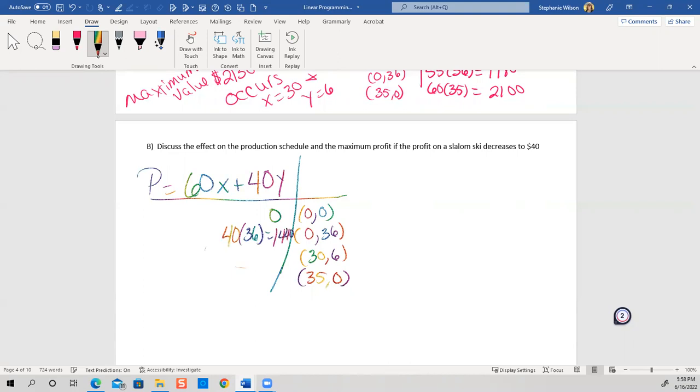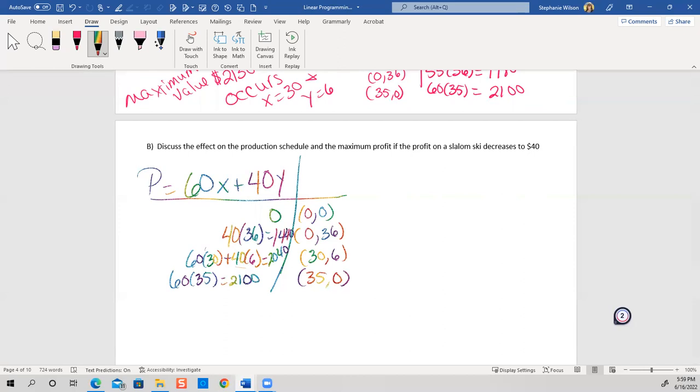When we plug in 60 times 30 plus 40 times 6, we get 2040. And when we plug in 60 times 35, we get 2100.